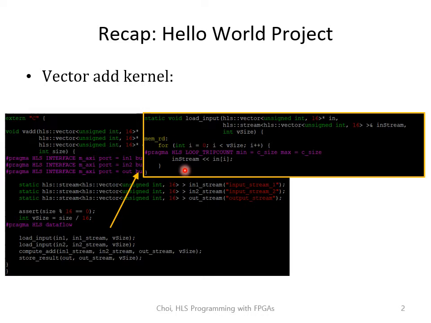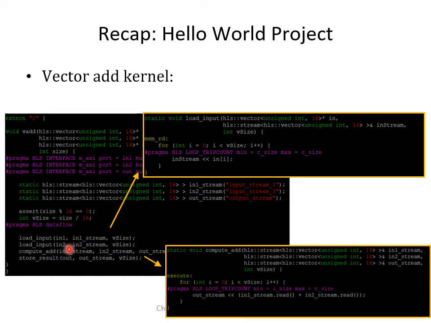This code also has another function that does just the addition on the read data. And the result is written using yet another function. Considering the simplicity of the vector add operation, such coding styles seem a little bit like overkill, don't they?